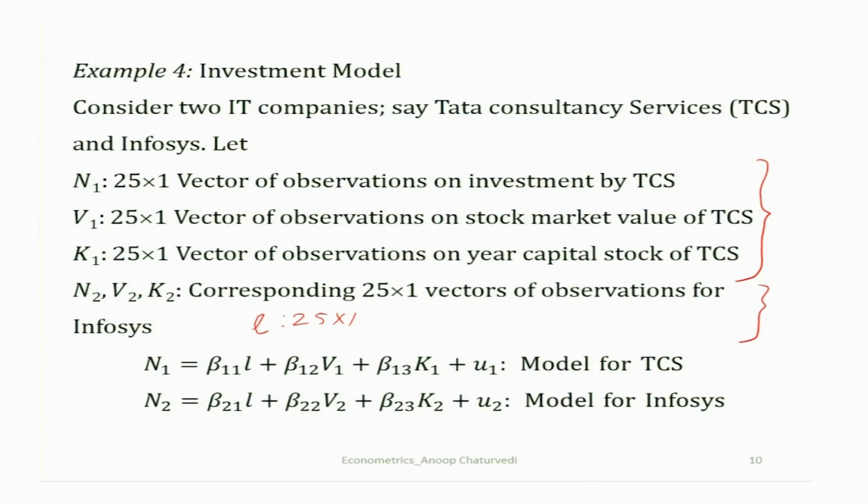So, although the investment equations for the two companies TCS and Infosys are using the same variables V and K, their observations are different obviously. Again, in this particular example we have taken the same variables for both the equations, but it is not necessary. Both the companies may use different variables in their model as explanatory variables.